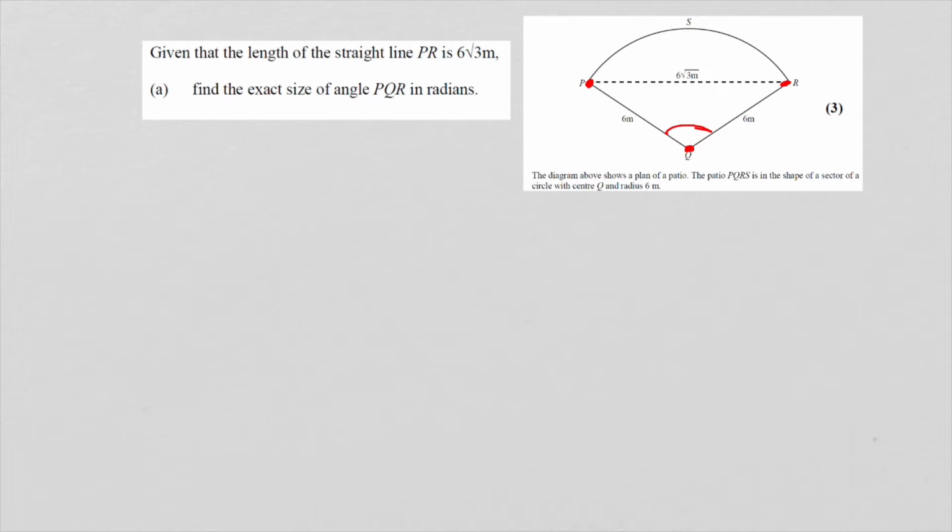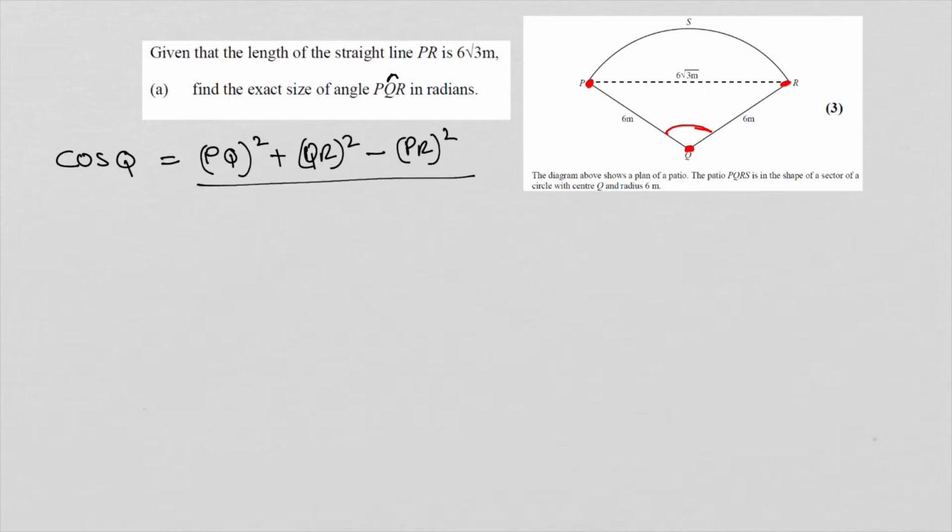So the cosine rule in this case will be cos of Q, because that's the angle in the middle there, equals PQ squared plus QR squared, those are the two adjacent to the angle, minus the opposite side, PR squared, over 2 times the two adjacent sides, PQ times QR.